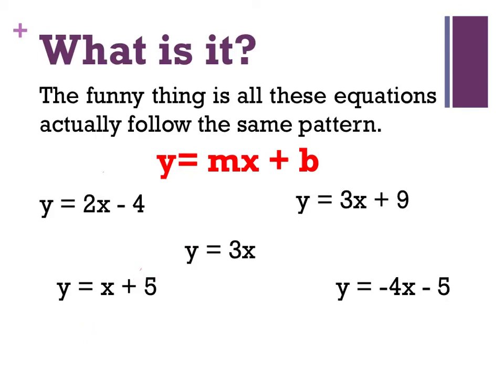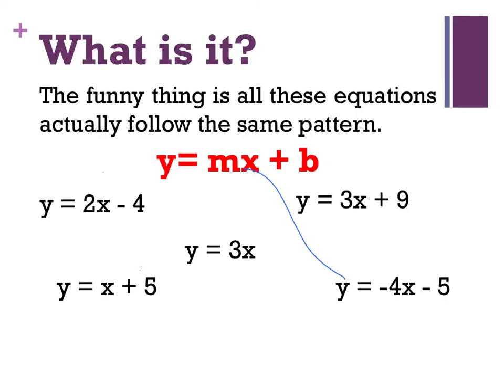Let's have a look at this one over here. Y equals 3x plus 9. That's saying my gradient is 3 and that my line is intercepting my y-axis at 9. It follows the pattern as well. Let's have a look at this one down here.